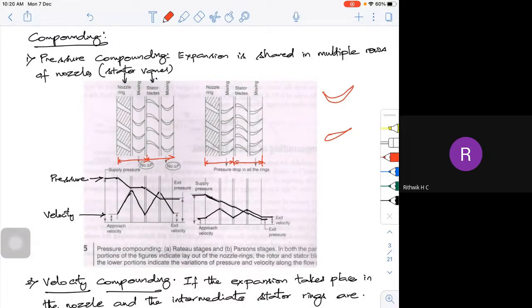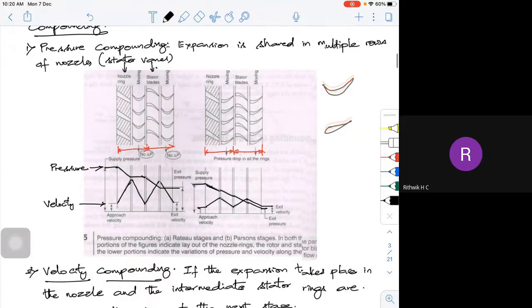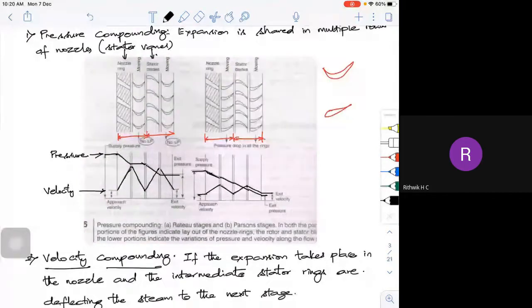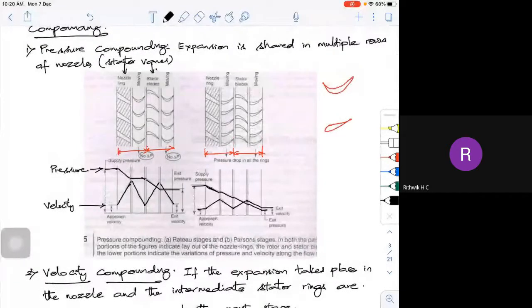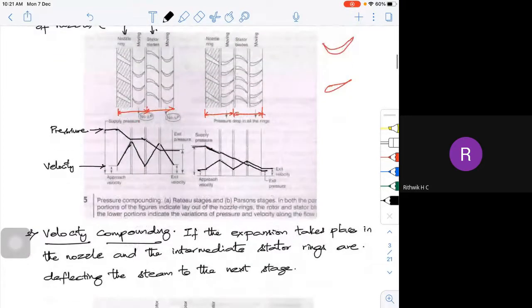What will happen in case of pressure compounding? Expansion is shared in multiple rows of nozzles or stator vanes. If you come a little further down, you can see pressure and velocity, and I have shown how the expansion takes place.